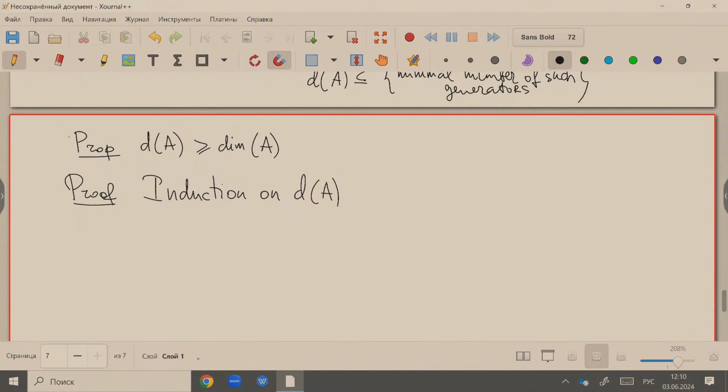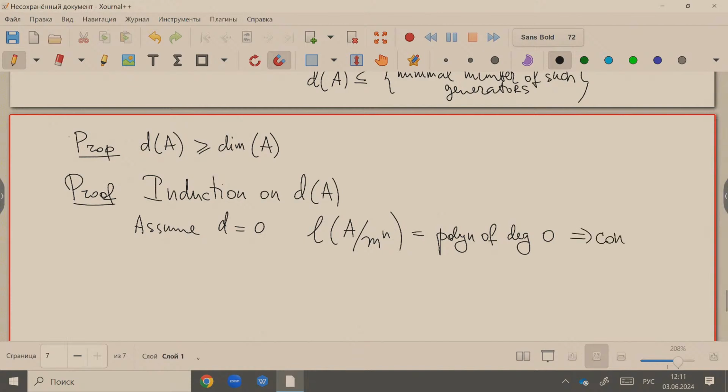So assume that d is equal to 0. Then this means that the length function of A modulo M^n is a polynomial of degree 0. So this implies that it is constant. This implies that L of A/M^n is constant for large n.